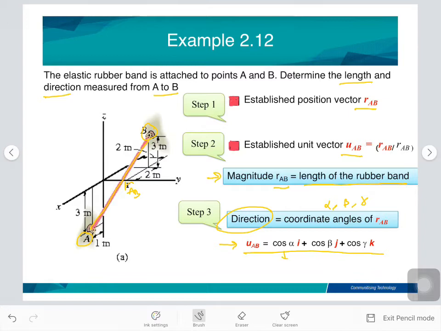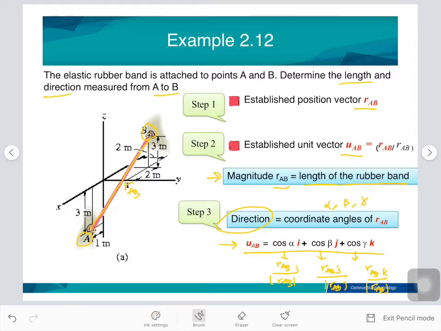Because you can have RAB divided by its magnitude, so this one is in i, then RAB in j divided by its magnitude, and the last one is RAB in k divided by the RAB magnitude. Right.